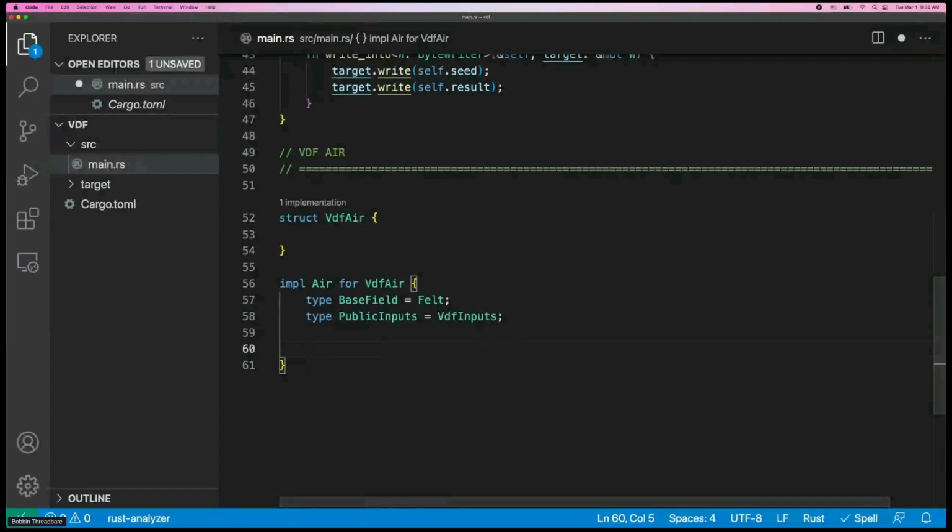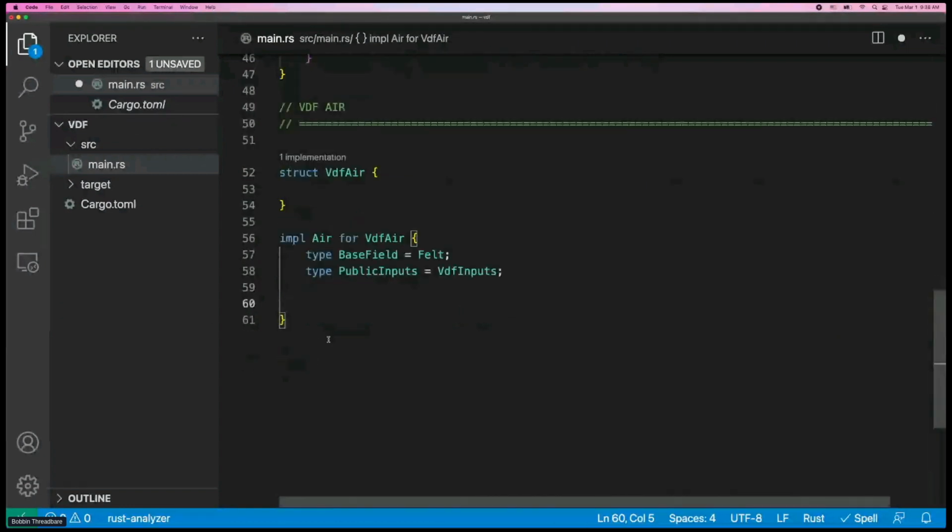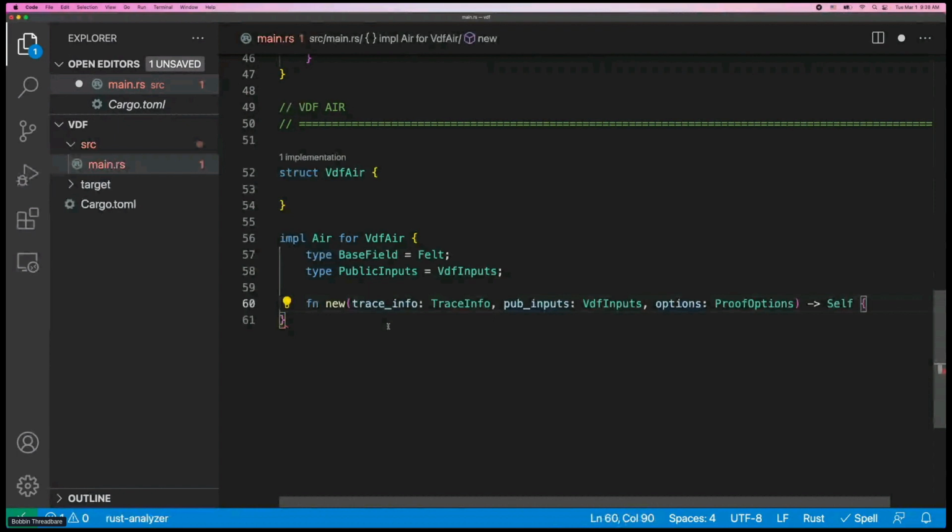The next thing is that the trait requires a way for the struct to instantiate itself. So we need the new function. In our case, the new function has a specific signature, so the trait imposes this. A trait is, by the way, for those who are not familiar with Rust, kind of like an interface.